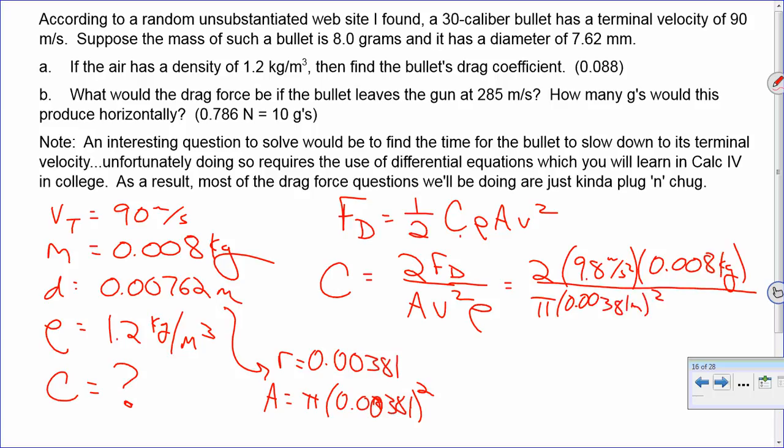So there's our area. Our velocity is 90 meters a second. Don't forget to square it. And then my density is 1.2 kilograms per cubic meter. So we're going to have a smaller area, therefore a bigger drag coefficient. So we're going to get 4 times what I got up there.